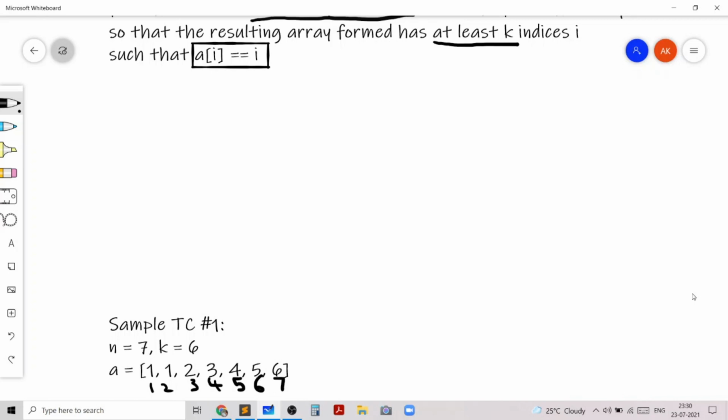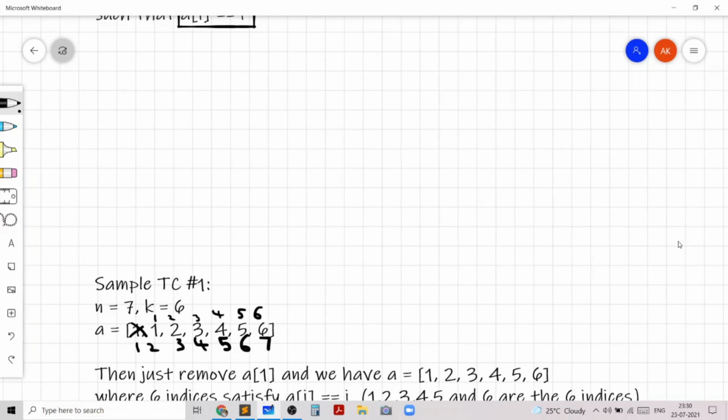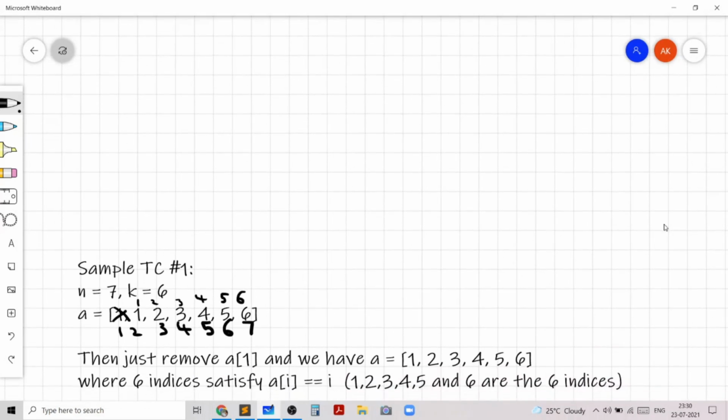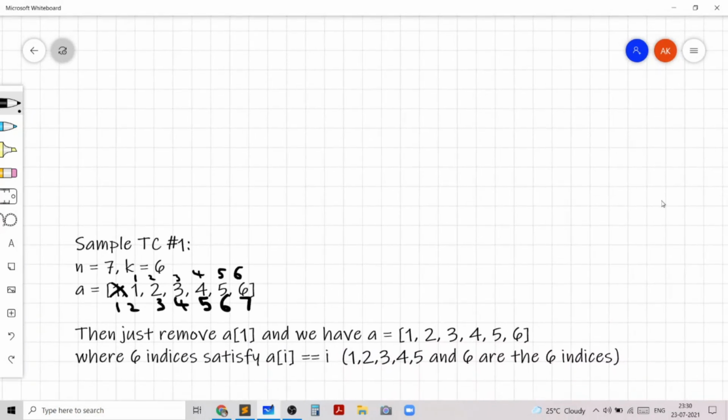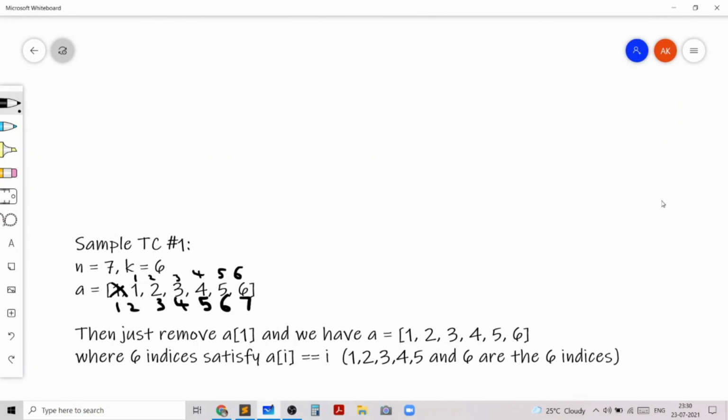In this case, if we just remove the number at position 1, then the remaining elements will have 6 positions at which a_i is equal to i. So we just remove a1 and we have the new array A, which satisfies the property that at least 6 indices have a_i equal to i.